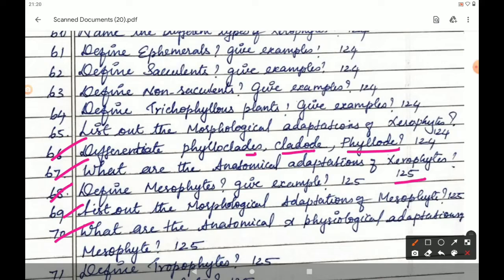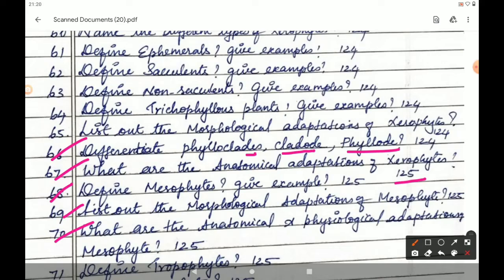The next question, 70th question: what are the anatomical and physiological adaptations of mesophyte? The answer is given in page number 125 under the heading Anatomical Adaptation, on the right side of the page. Cuticle in aerial parts is moderately developed. Epidermis is well developed. Stomata are present on both sides of the epidermis.